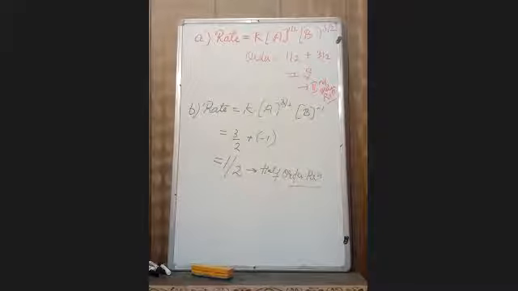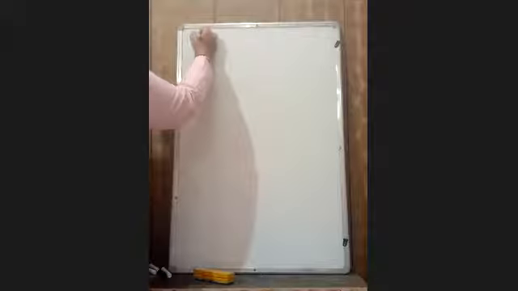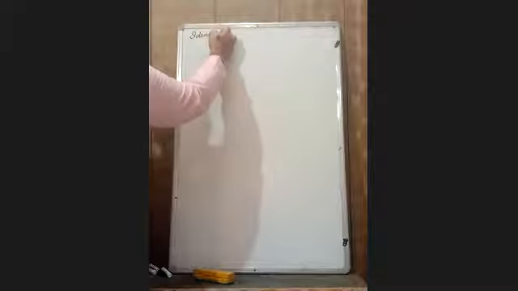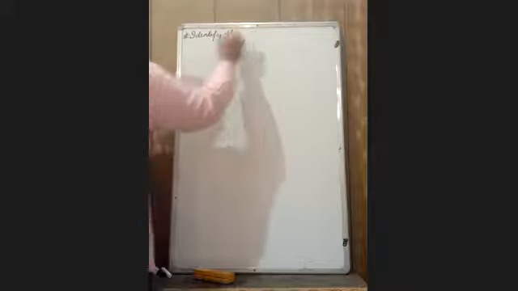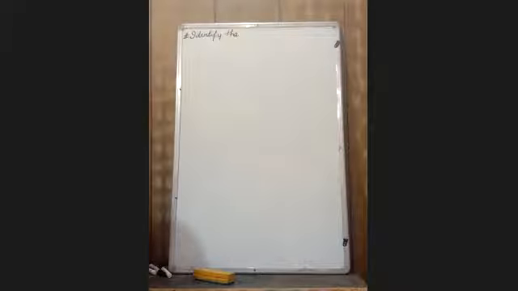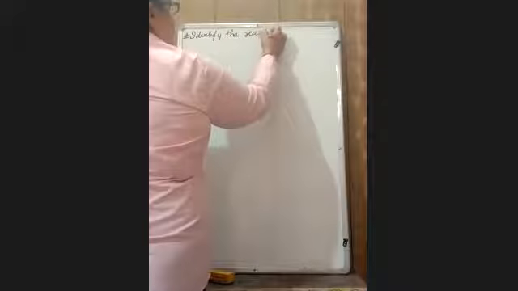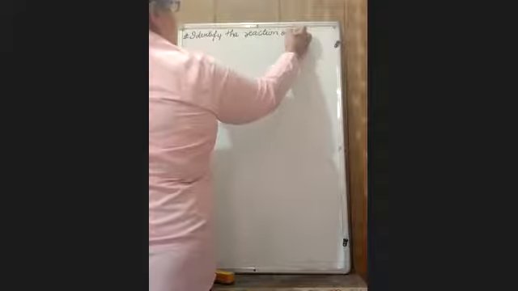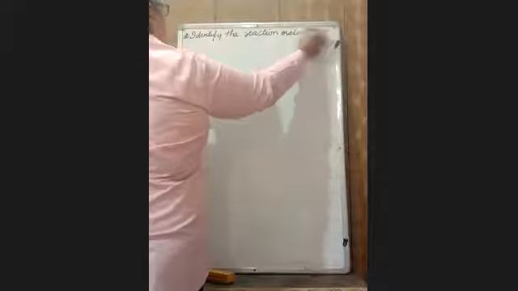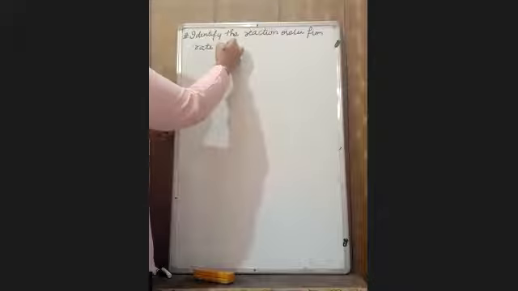Fast. Solve one more question. These all are NCERT questions. Identify the reaction order. You have to calculate the order of reaction from rate constants.